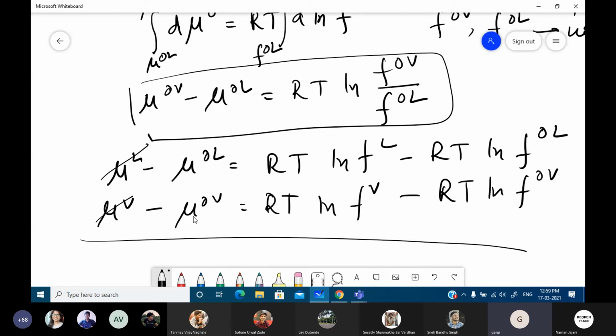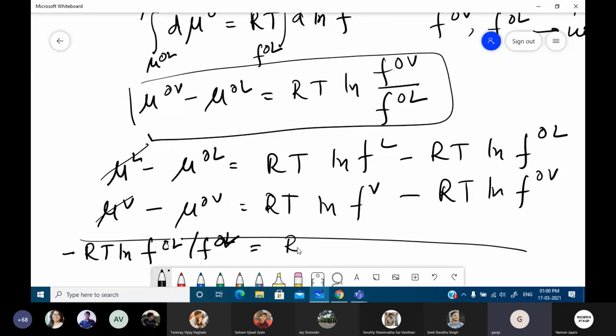You also know that mu0V minus mu0L can be replaced by RT ln F0V by F0L. Now, the moment you replace this, this becomes minus RT ln F0L by F0V.